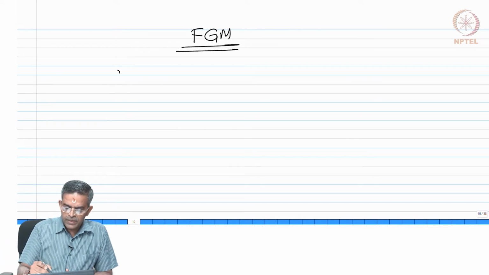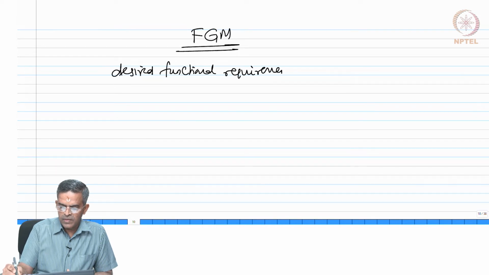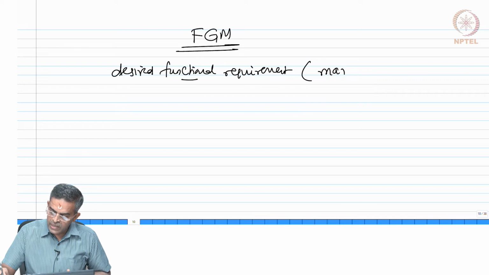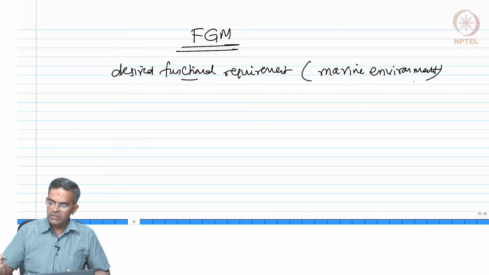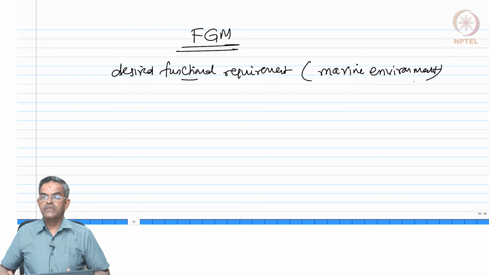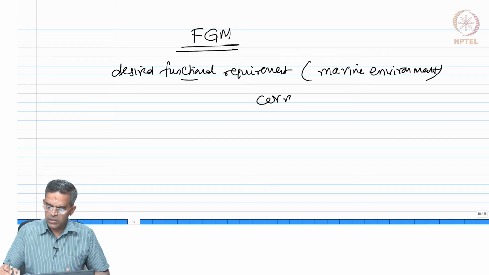One of the desired functional requirements of steel in marine environment, let us say we talk about marine environment because that is one of the vulnerable environment for corrosion. So, one of the desired functional requirements of steel to be used in marine environment should be corrosion resistant, is it not?